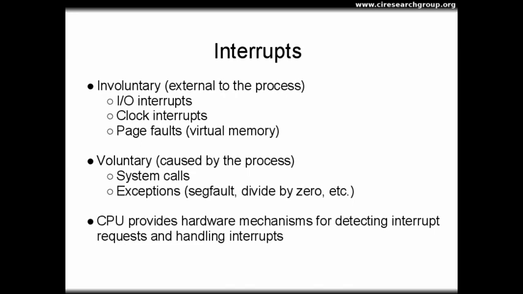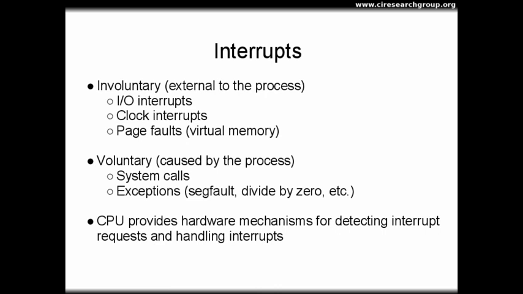One situation in which a mode switch might occur is when something called an interrupt happens. An interrupt is simply a situation in which the currently executing code is interrupted so that an event can be handled by the operating system. Interrupts can fall into two categories. We can have involuntary interrupts, which are external to running processes.